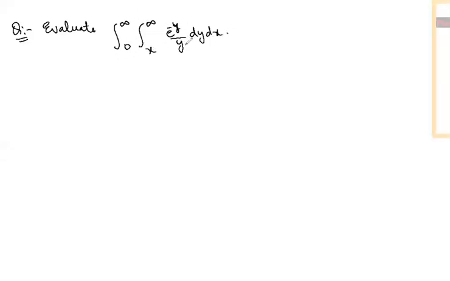So if you try to evaluate this with respect to y, we will have to take some first function. Okay, the formula tells that e to the power minus y should be the first function. So what will the second function be? 1 upon y. 1 upon y, when it is integrated, will give you minus 1 by 2y square and so on.